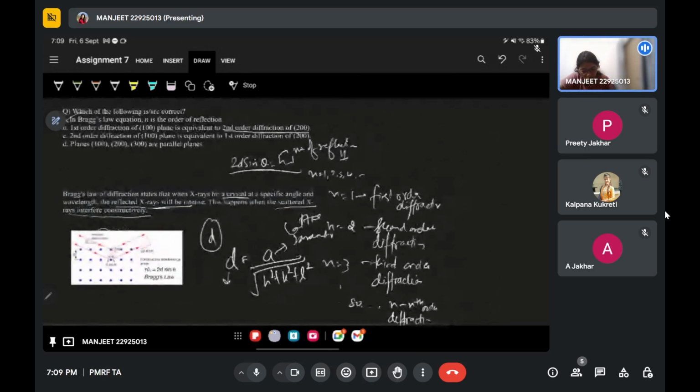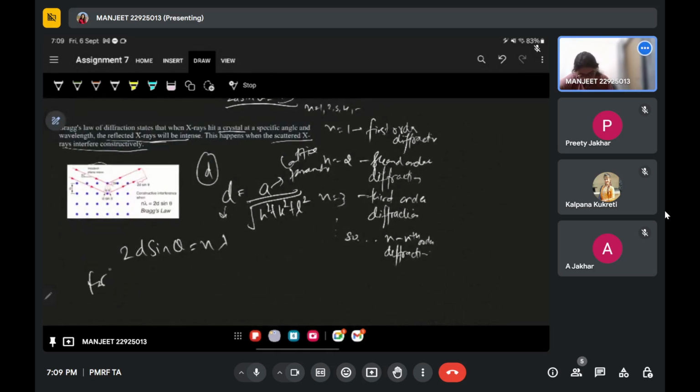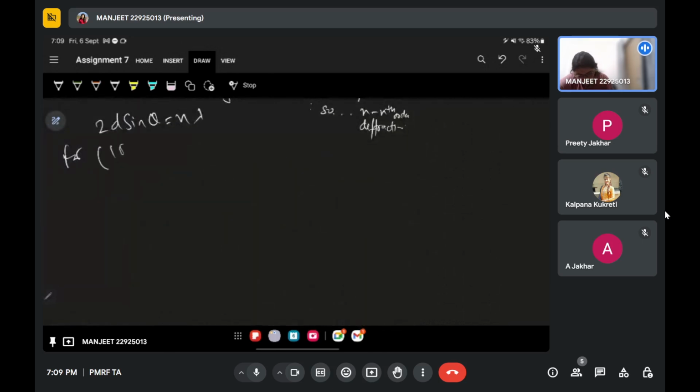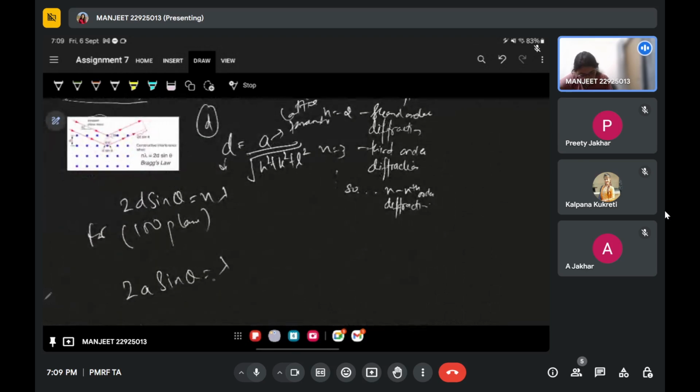So, since it depends upon 2d sin theta equals n lambda, for the 1 0 0 plane, your d will be a, so 2a sin theta, and this is of the first order, equals n lambda.